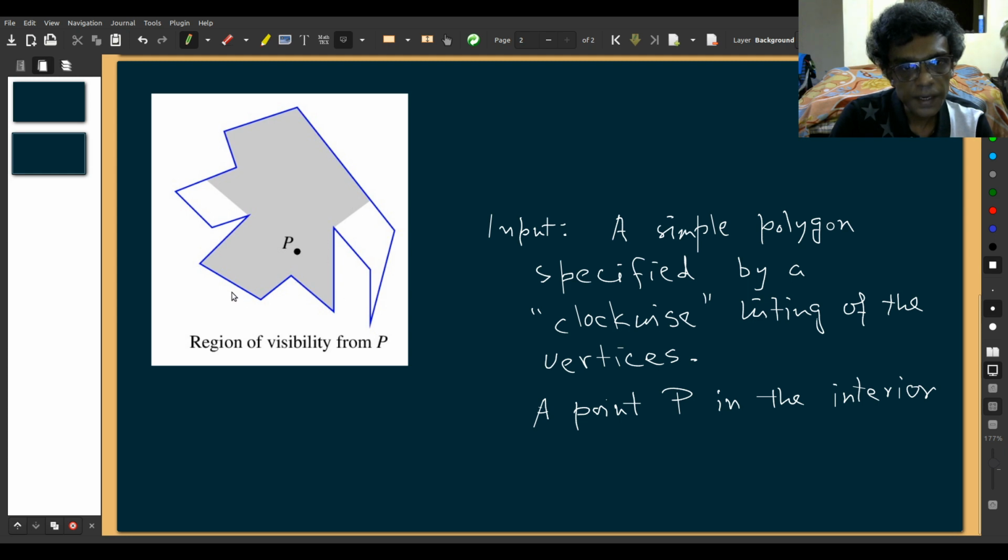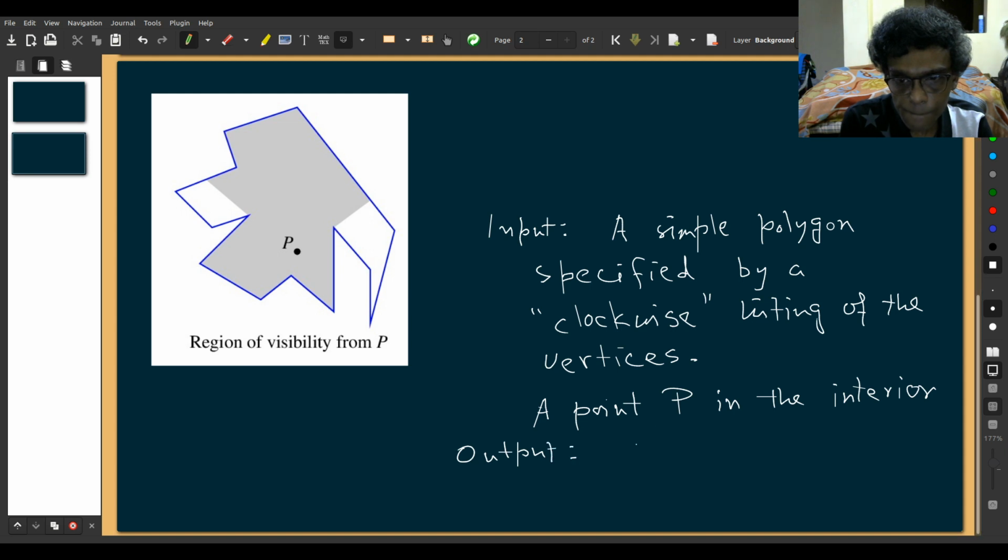That is once again a polygon, not necessarily simple. Simple but not necessarily convex. Here in this picture, so output is the visibility polygon. The region in the interior visible to P.